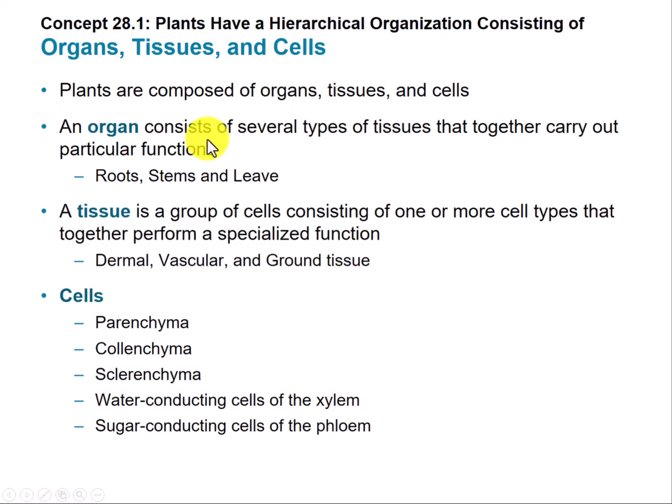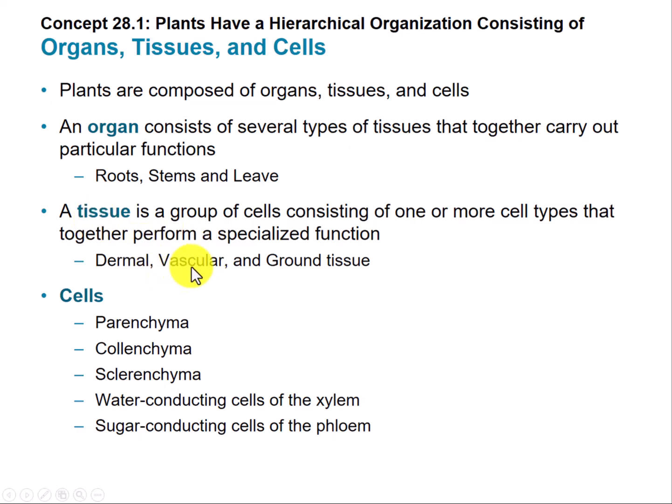So just like animals, plants have hierarchical organization, consisting of organs, tissues, and cells. The organs of a plant are the roots, stems, and leaves. And then a grouping of cells, recall, is a tissue.